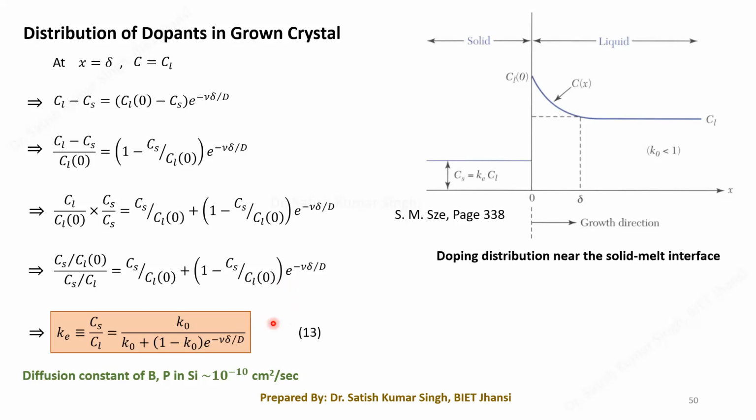You can understand 10 to the power 10 is a very large quantity. So for an exponential with a negative power, if the quantity is very large, then this exponential will become very small. So it is 10 to the power 10 multiplied with the stagnant layer thickness and the pulling rate. And you know that the pulling rate is in the few mm per second.